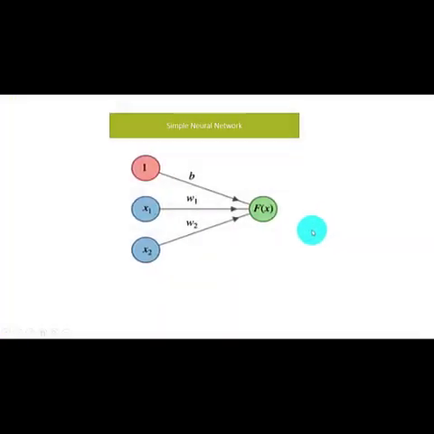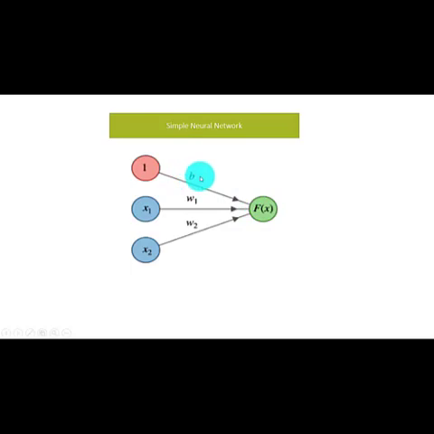As we all know, this is your simple linear neural network. In this network, we have x1 and x2 inputs and f of x is an output node. Do remember, the first input to the output node is always your bias.